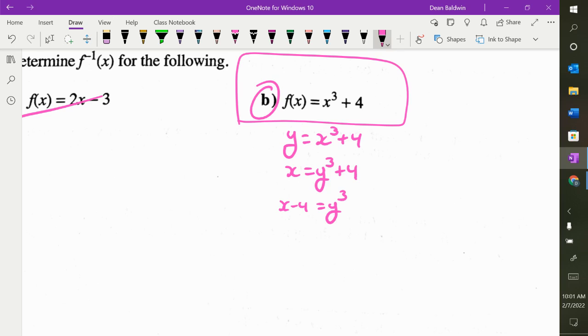And now what? Stuff we talked about. What do I do now? When you're cube rooting, do you have to put a plus or minus? No, because it is an odd root, right? There's only one answer. If it was a 2, you would have to put a plus or minus. Okay? So y is equal to the cube root of x minus 4. Then you can write, I know it's a function, you can say that it's f to the minus 1 of x.